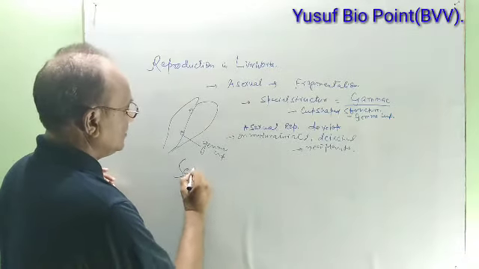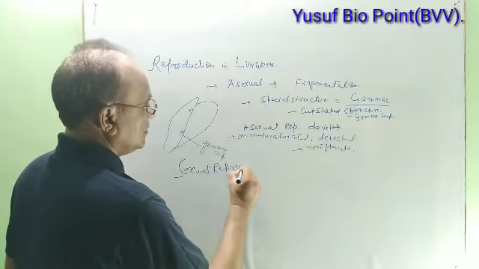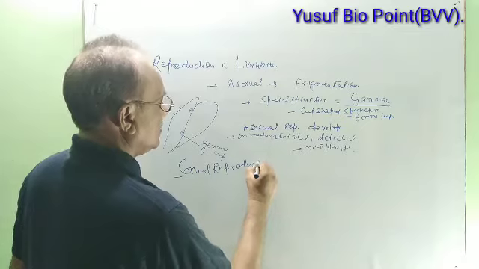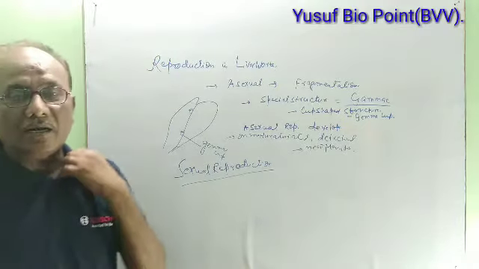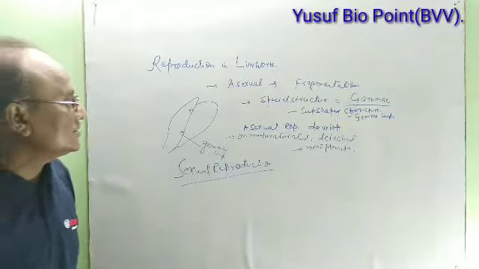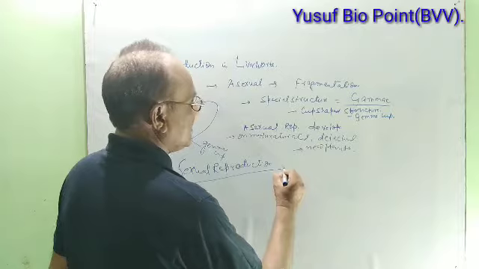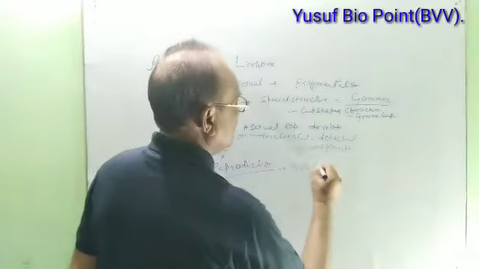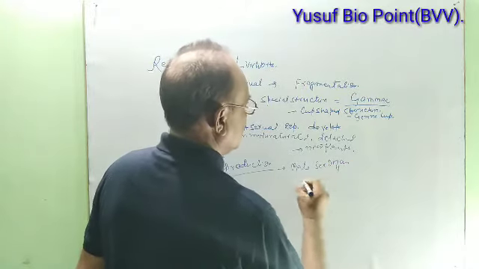Sexual reproduction. You know that in the last video I told you that sexual reproduction is by means of sex organs. The male sex organ is called antheridium. What is the male sex organ called?